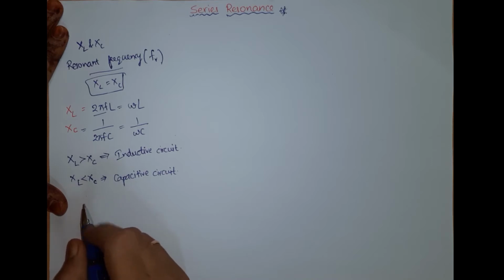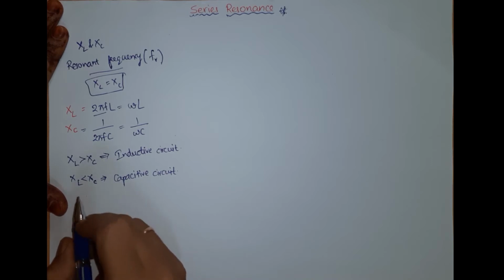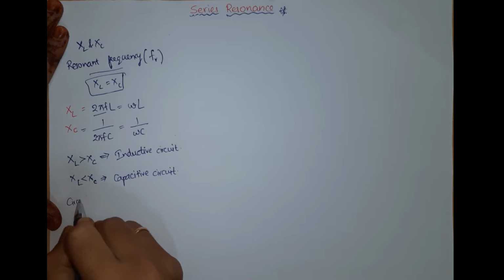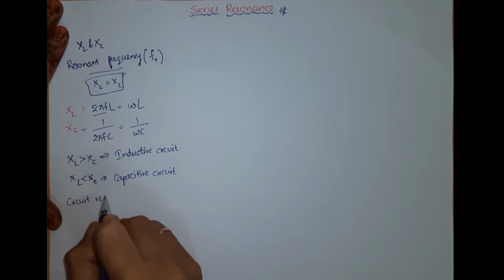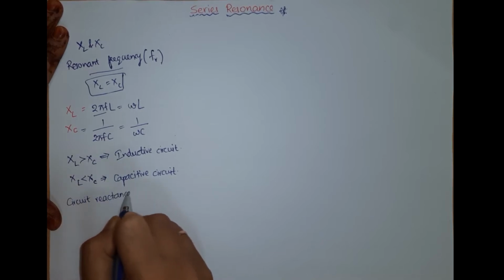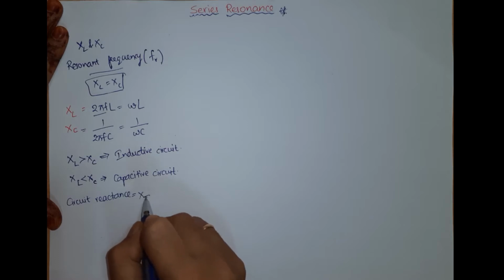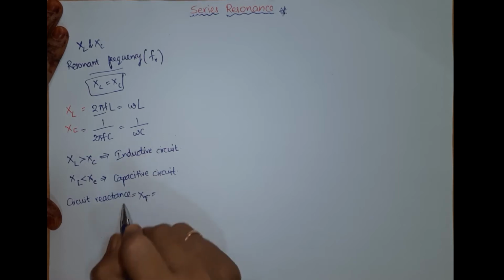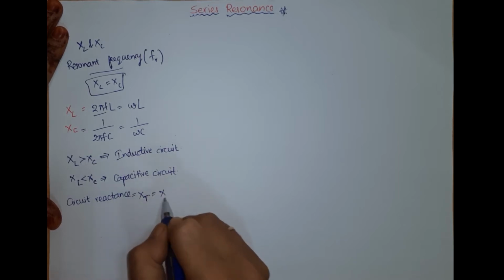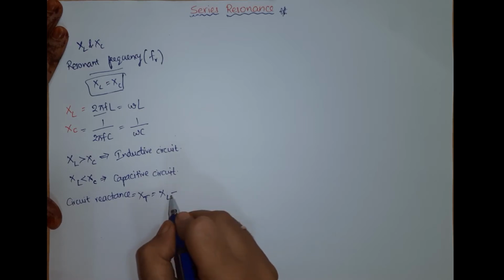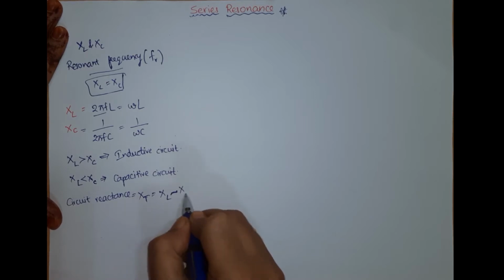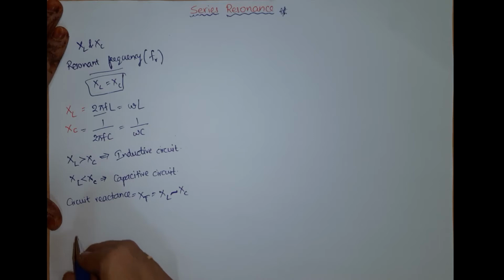So now the total circuit reactance will be given by XT. If it is defined as the total circuit reactance, then we can write it as XL minus XC. Now, circuit impedance. What is the formula for circuit impedance?